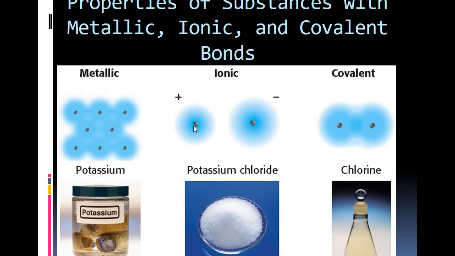That's why chlorine is a gas. Potassium chloride, this you have an ionic bonding, electron going from potassium to chlorine, creating a big lattice of an ionic compound. So very strong intermolecular forces. Metals are kind of the same way, but it's not held together by positive and negative charges. It's that negative electron moving around through all of these positive charges, holding it together.